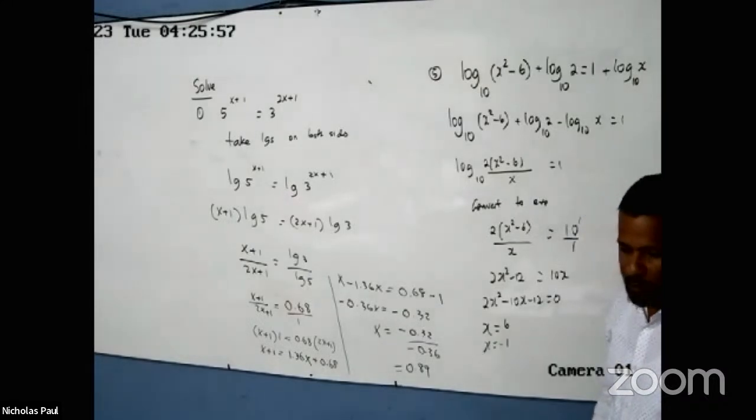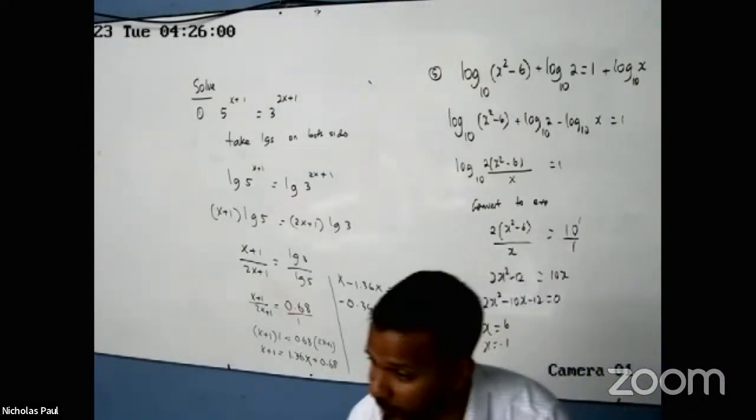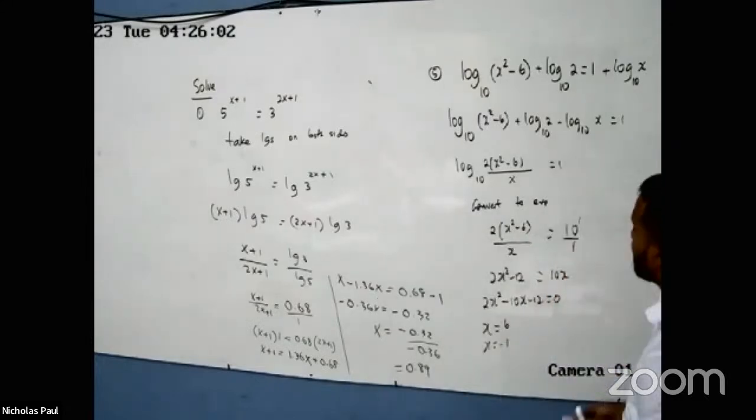Okay, so you take logs on both sides and you try to make x the subject of the formula. That's a short conclusion for that.